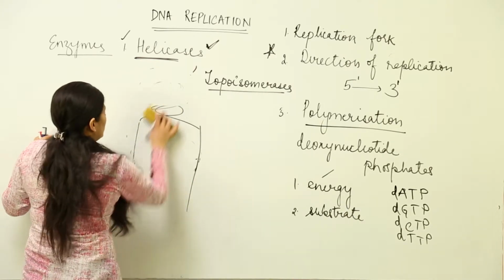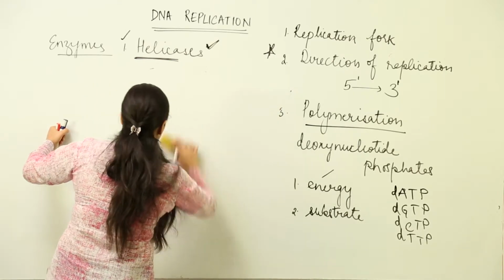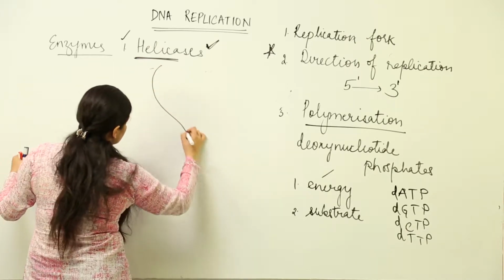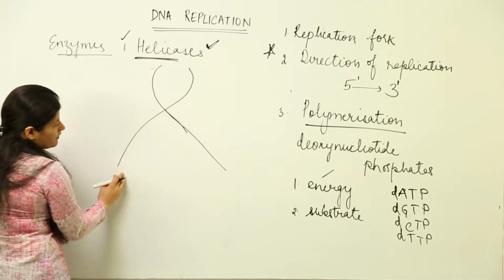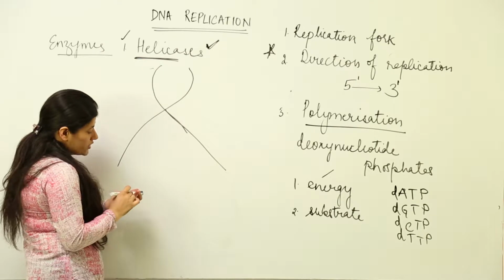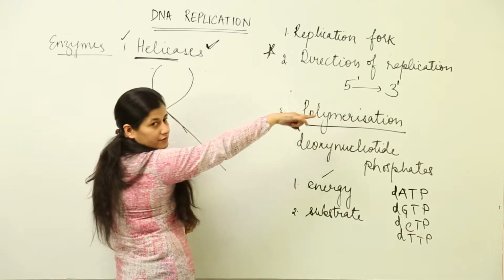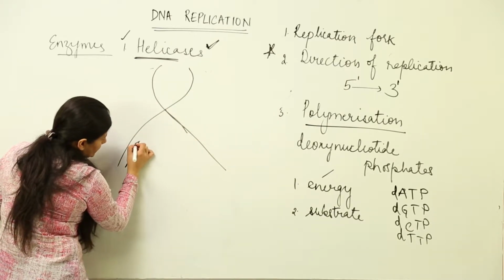Now, what happens to what has been exposed? This exposed part, that is the single strands that have been created as a result of helicase activity. Again, I come back to this point. We have a replication fork that is being created, this opened part. Now, what happens is, you know that replication's direction is 5' to 3' always. That means this would go like this.